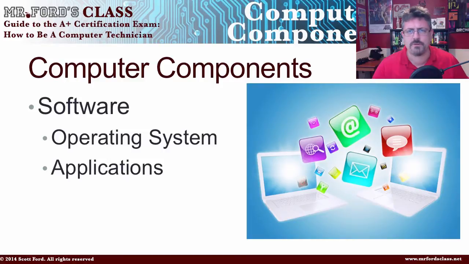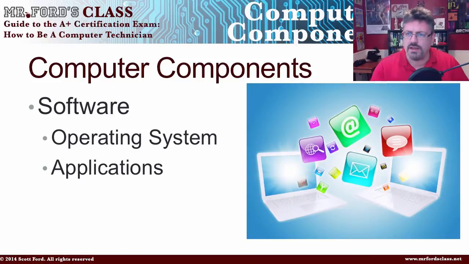You might buy a computer because you want to play the latest and greatest game. So applications are the fun stuff. These are the video games, the Office products, the suites, the productivity things, the digital editing stuff. These are applications. So once again, really quick, we have the two categories of components. We have the hardware and we have the software.